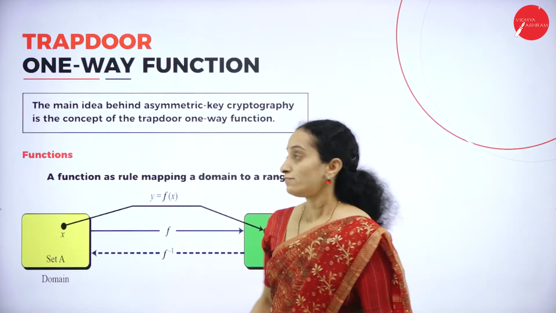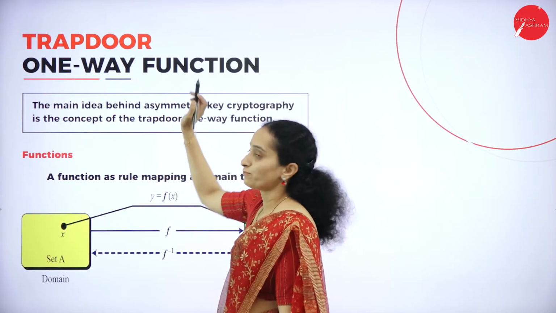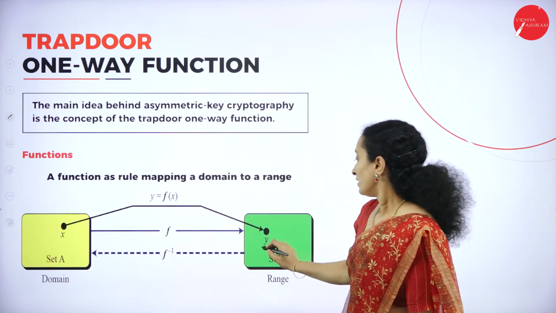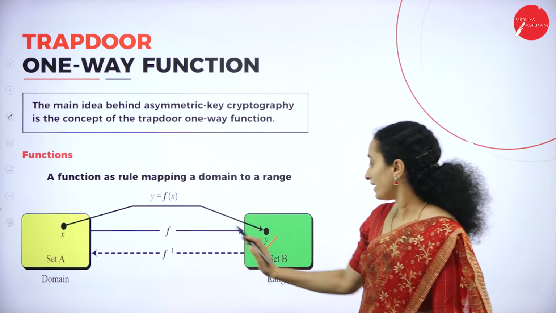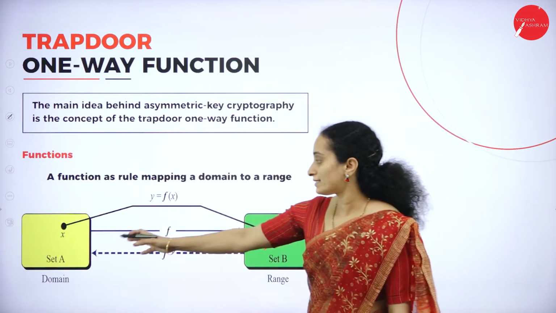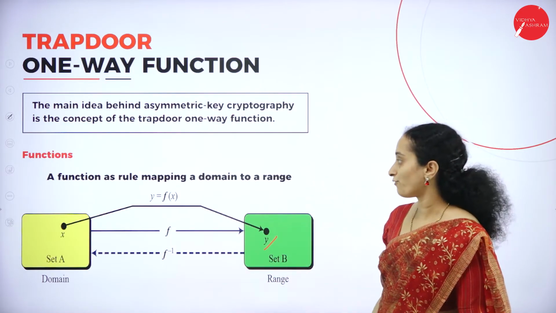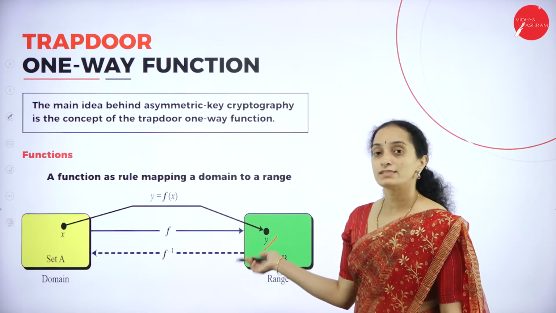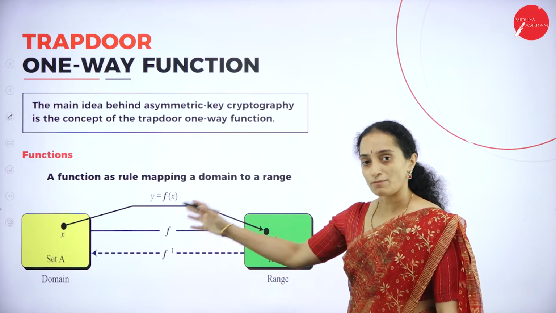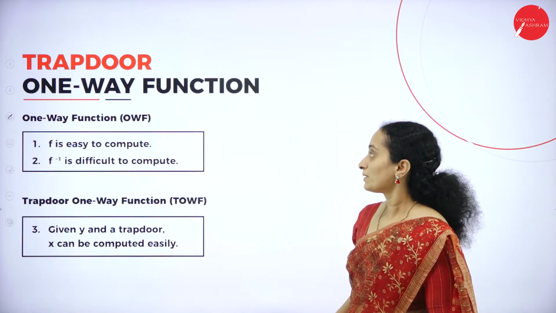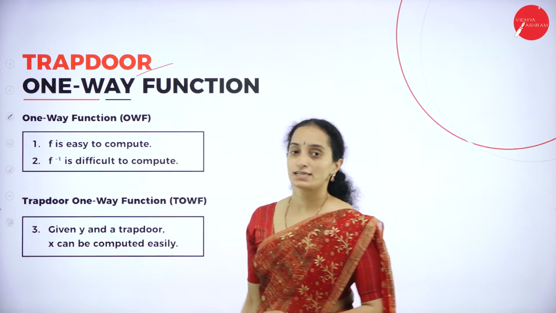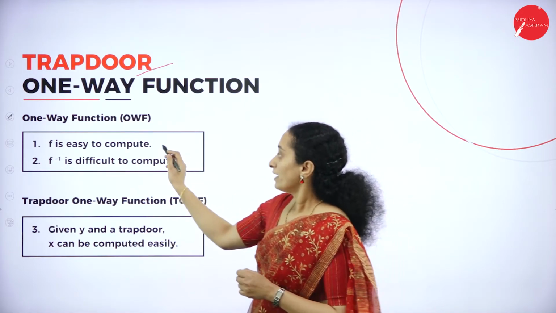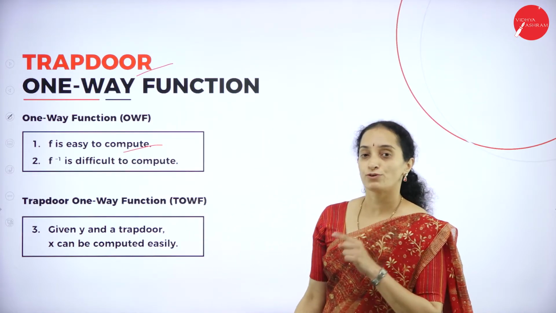All right. Now we shall take the trapdoor one-way function. Here we use a domain and a range. Domain is the set A and range is the set B. Here we can make an invertible function which is difficult to calculate, whereas a normal function can be calculated. Because of that, a one-way function is used, called the trapdoor one-way function, where f is easy to calculate if you know x.